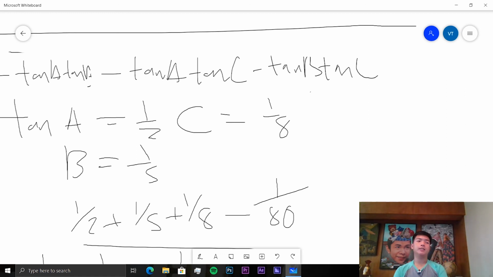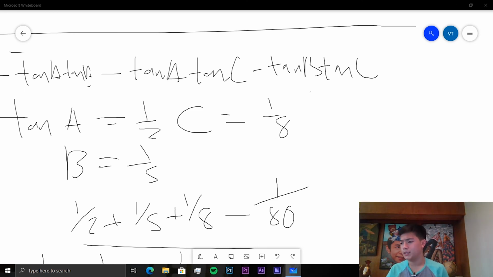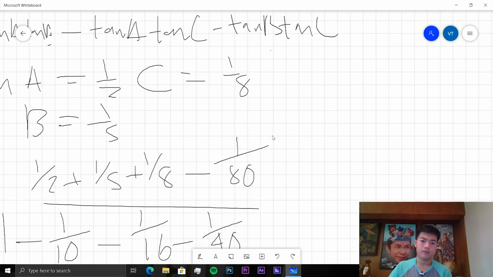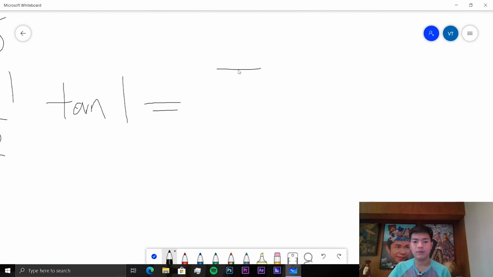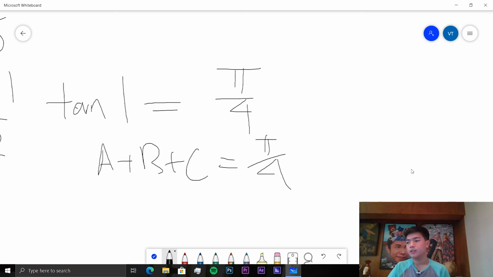Because the other option is of course for them to add up to 225 degrees. I think there are two possibilities, actually. Actually, no, I don't think there are. So this should simply be equal to pi over 4. So A plus B plus C is equal to pi over 4. So yeah, we get that.